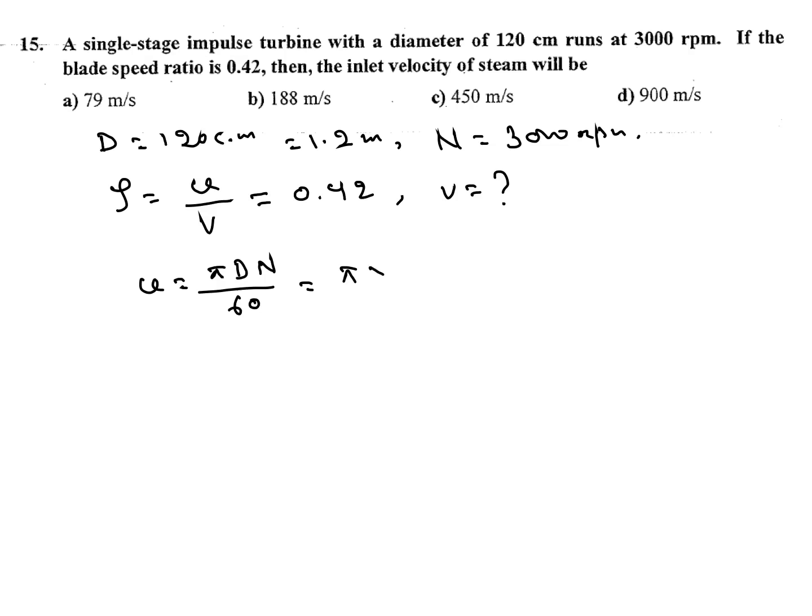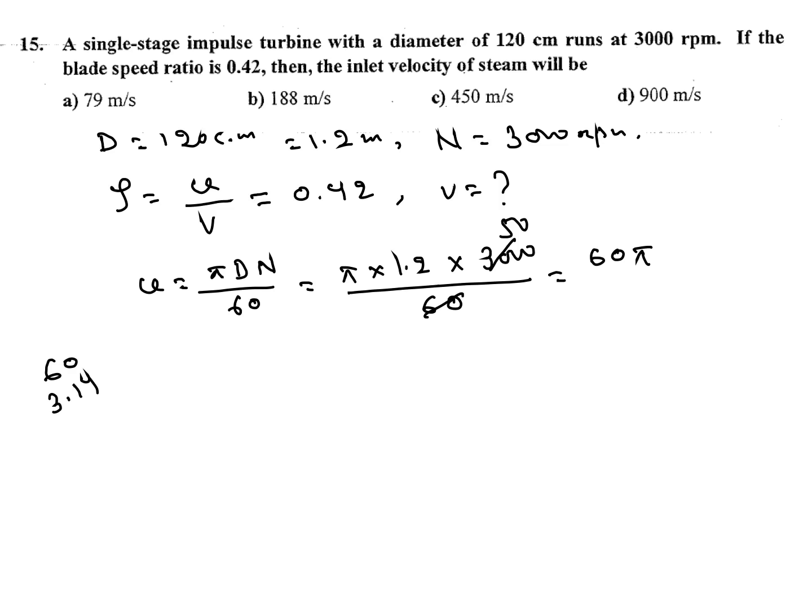Pi into 1.2 into N, where N is 3000 by 60, so it's 50. 50 into 1.2, it's 60. 60 into pi, 60 into 3.14, we will get 188.4 meter per second.